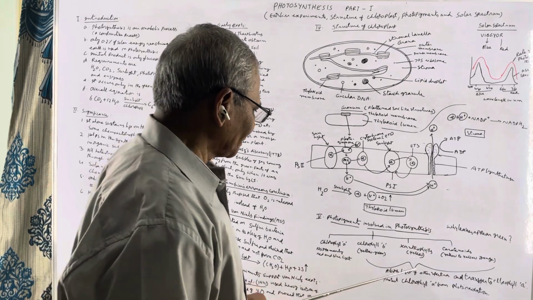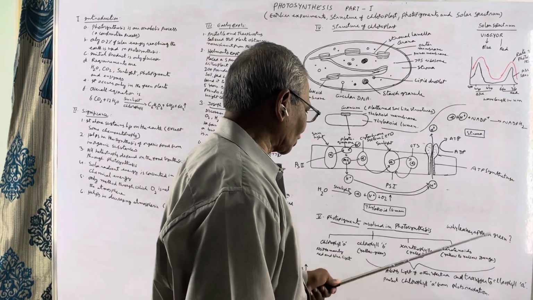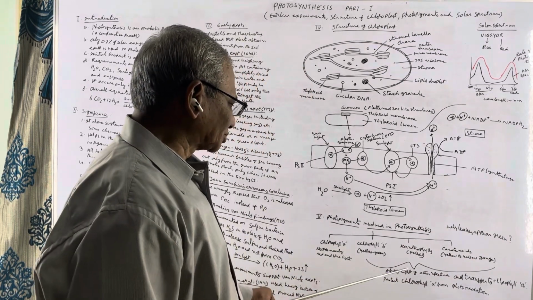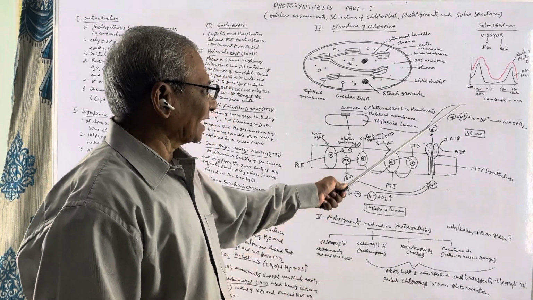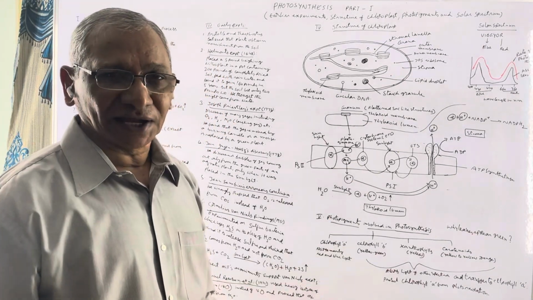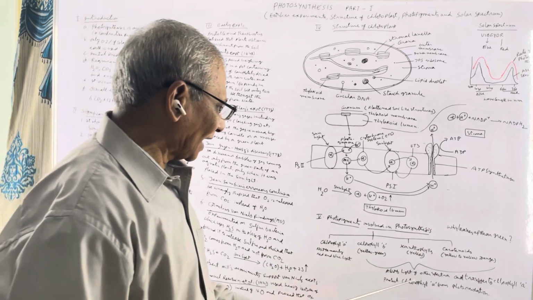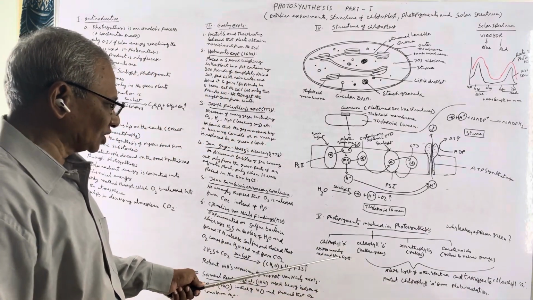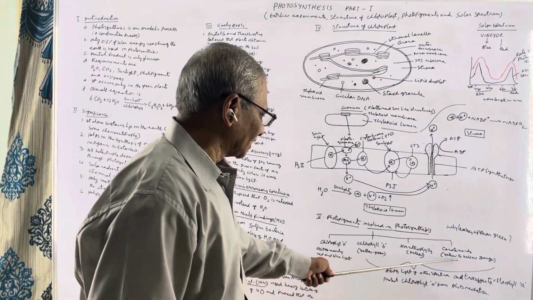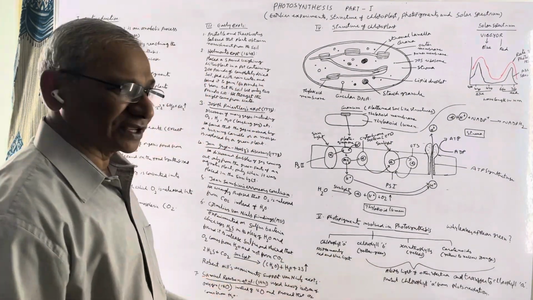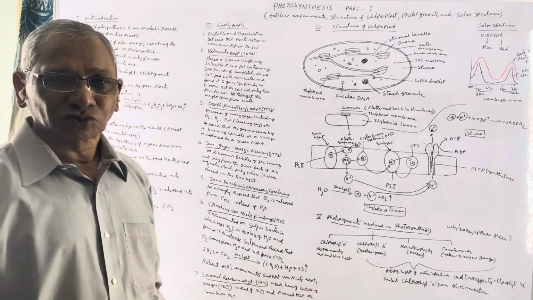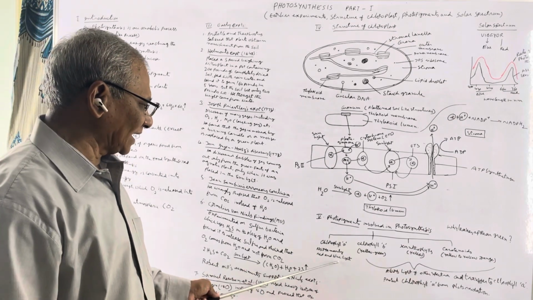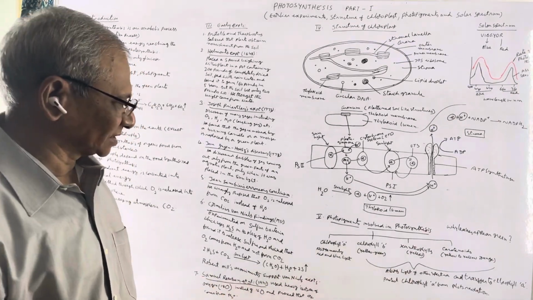Chlorophyll B, xanthophylls and carotenoids, they absorb light in other spectrums other than blue and red, and that is transferred again to chlorophyll A. So even the light trapped by these pigments is transferred to chlorophyll A. So ultimately, chlorophyll A participates in photosynthesis.